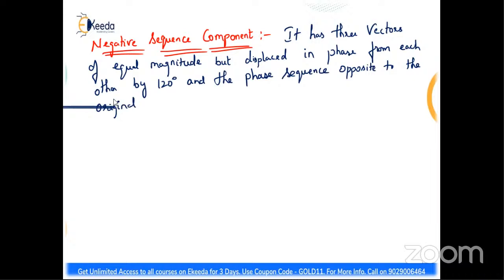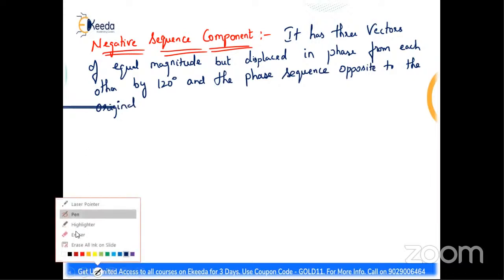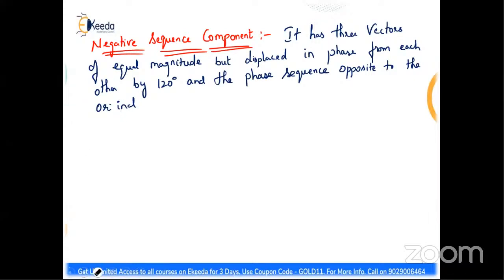So understood the difference between positive sequence and negative sequence. In the positive sequence, the phase sequence is the same as that of the original vectors, whereas in the negative sequence component, the phase sequence is opposite to the original vectors.